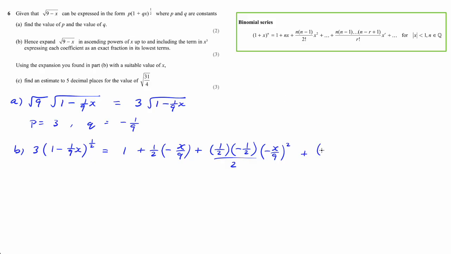So plus a half times negative a half times negative 3 over 2 all over 3 factorial. So it's the next factorial, guys. So 3 factorial is, well, it's actually 6, but let's leave it like that for now. And then negative x over 9 cubed.